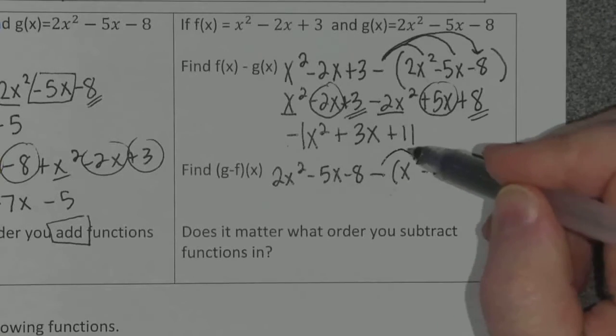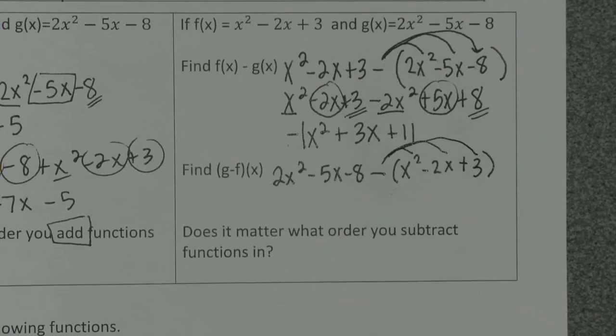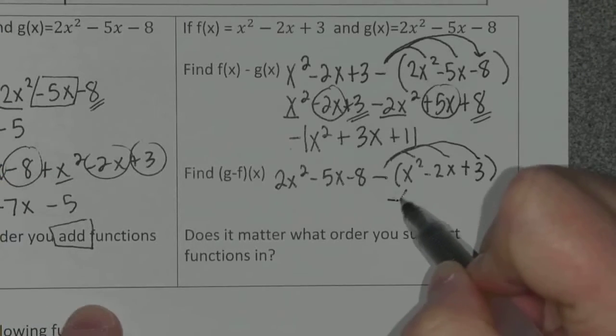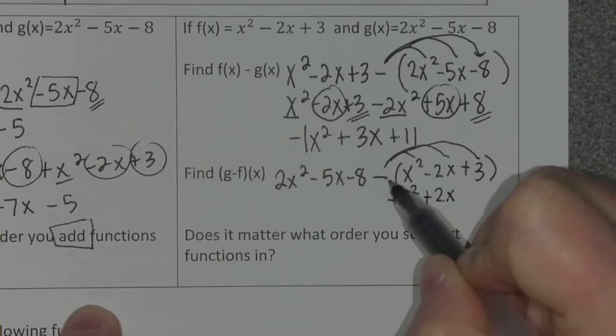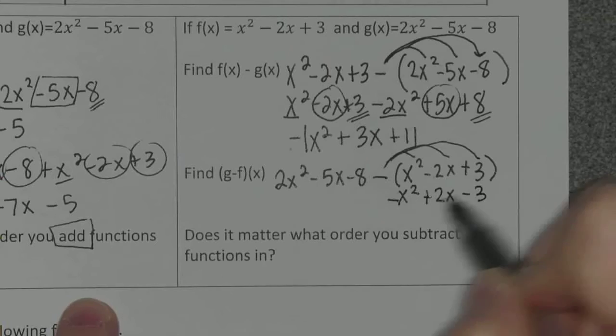Flip the signs. Yeah, really I love that you said that, because in math words I have to say we distribute that through to every part. But I love that you just said flip the signs. That's really what we do when we multiply through by a negative 1 or we take a negative through. So this becomes a negative x squared, this becomes a positive 2x, and this becomes a negative 3.